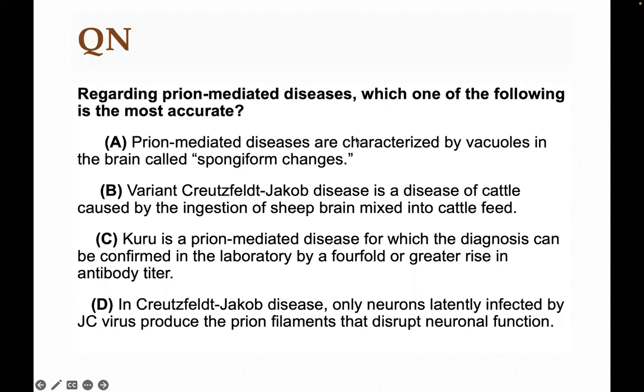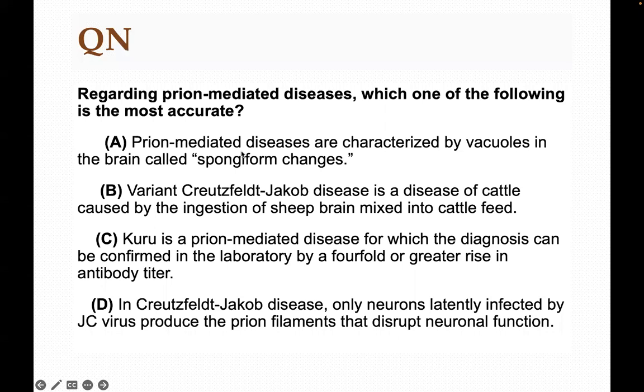Once they disrupt this normal function, then the cell dies. When the cell dies, the microglial cells, that are usually like macrophages in the brain, come and find this cell that has died, they engulf it, they like eat it, and then there is a hole left that looks like a vacuole, and that gives the spongiform look.